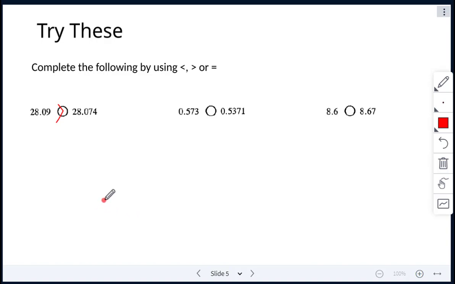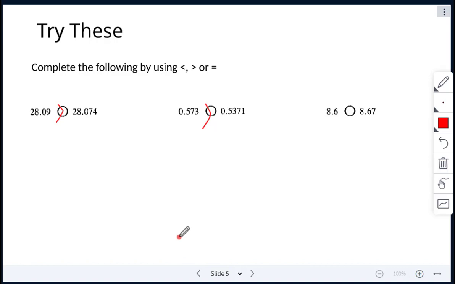So 28.09 is greater. This one, some of you made the mistake of thinking this one was greater because it's like a longer number, there's more digits, but make sure you're always going left to right. Check your digits here. We have 5 in the tenths position, 5 in the tenths position, then we have a 7 in the hundredths position, and there's a 3 in the hundredths position there.